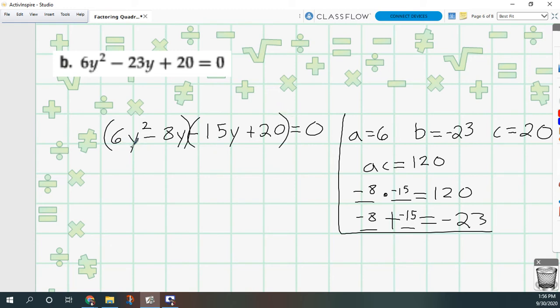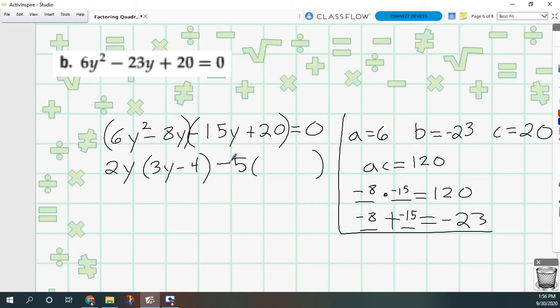So notice that our 6y squared and our negative 8y have a 2y in common. So I'm left with 3y minus 4. And then notice that our next two have a 5 in common. However, remember that we need our parentheses to be the same thing as our first parentheses. So if we just factored out a 5, we would be left with a negative 3y plus 4, which isn't quite the same as this.